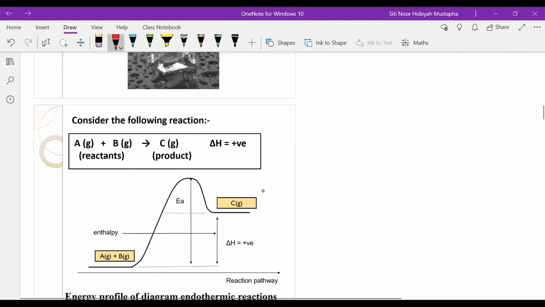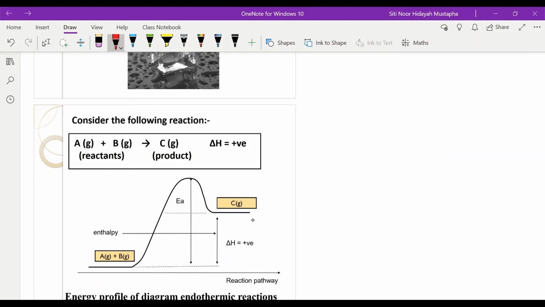Again, this is the profile for an endothermic reaction. You can see the reactant's energy level will be very low as compared to exothermic. Exothermic was in the middle, now it is very low. And then you will have a big EA or activation energy, and then your product will be at a higher level.